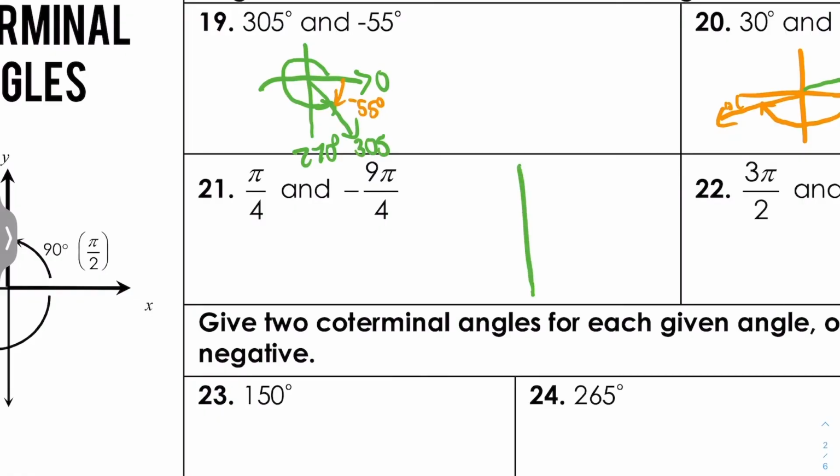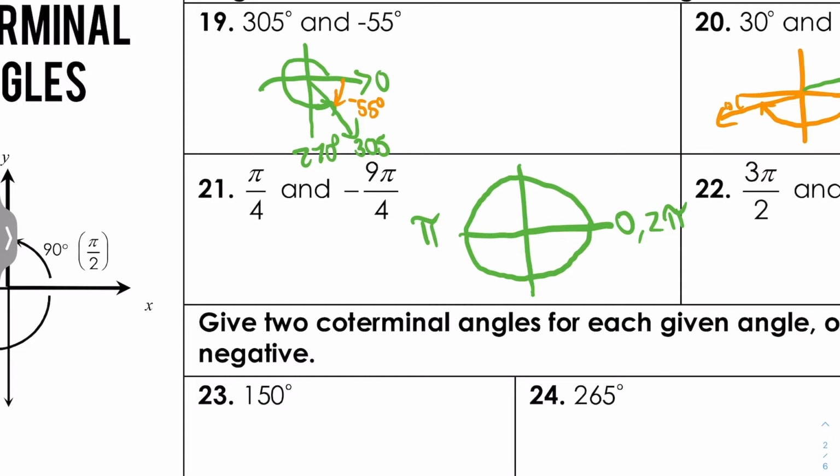Okay. Let's draw this. And then let's put a full circle. A full circle would be 0, and it would be 2 pi. Half of a circle would be pi.